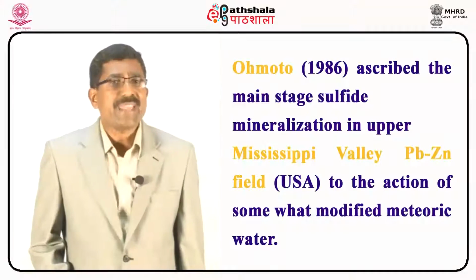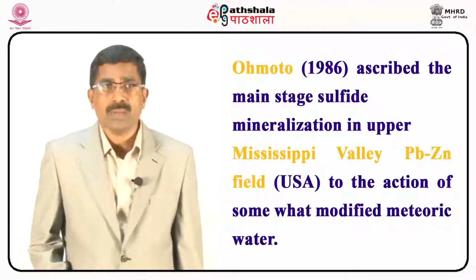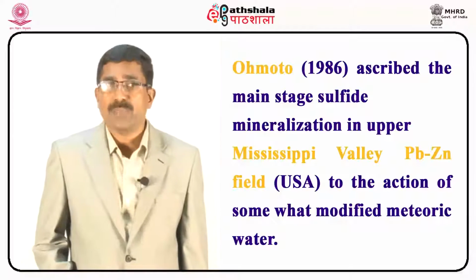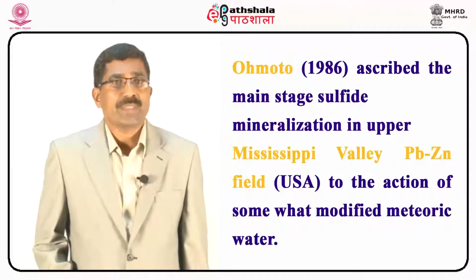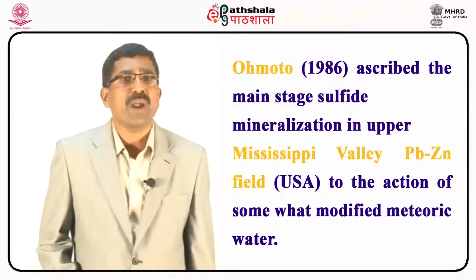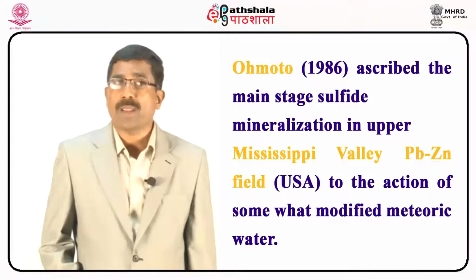Illinois mines also produce zinc and lead minerals. According to isotope data, they are dominantly of meteoric recharge formation water. Ohmoto 1986 described the main stage of sulfide mineralization in the upper Mississippi Valley, USA, as due to somewhat modified meteoric water.